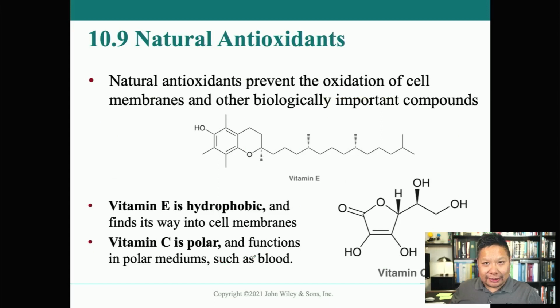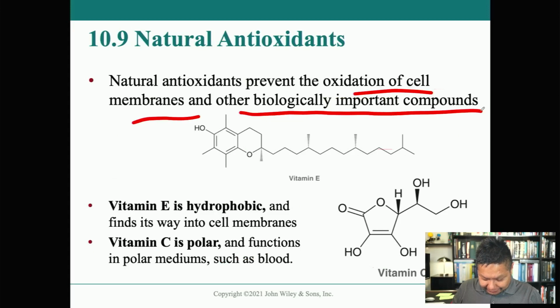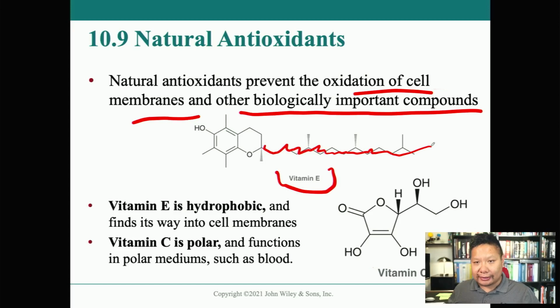So natural antioxidants prevent the oxidation of cell membranes and other biologically important compounds. For example, vitamin E. And you notice here, vitamin E has a super long carbon chain, right? And so what it can do is actually insert itself into the cell membrane, because remember, if you've already taken biology class, or remember it from high school, your cell membrane is made of a phospholipid bilayer, and the lipid is a long carbon chain, right?